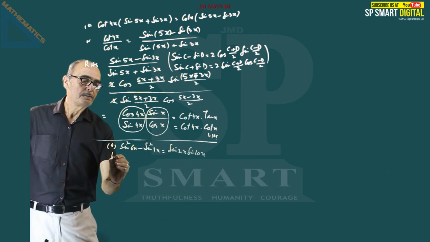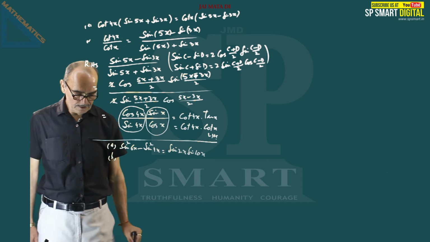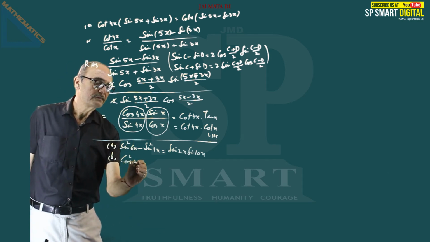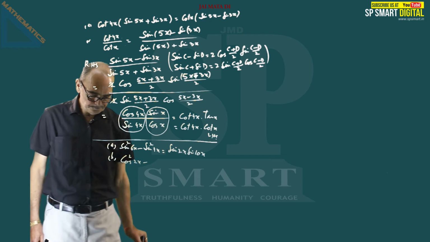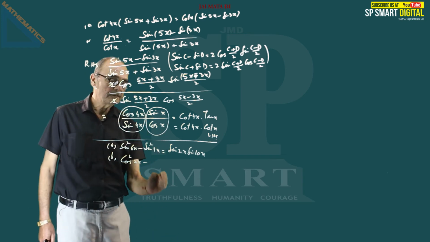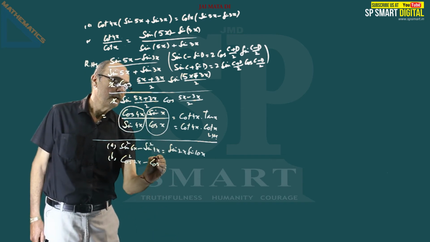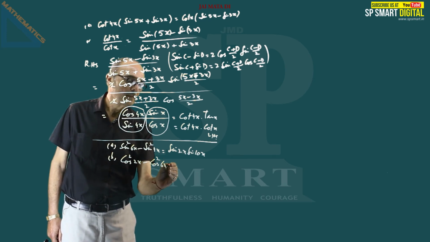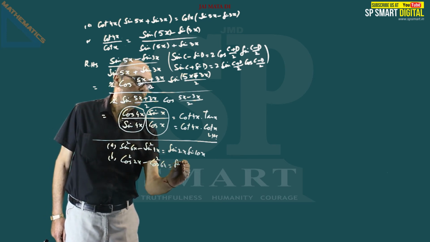And a similar type of question B is cos square 2x minus cos square 6x equal to sine of 4x sine of 8x.